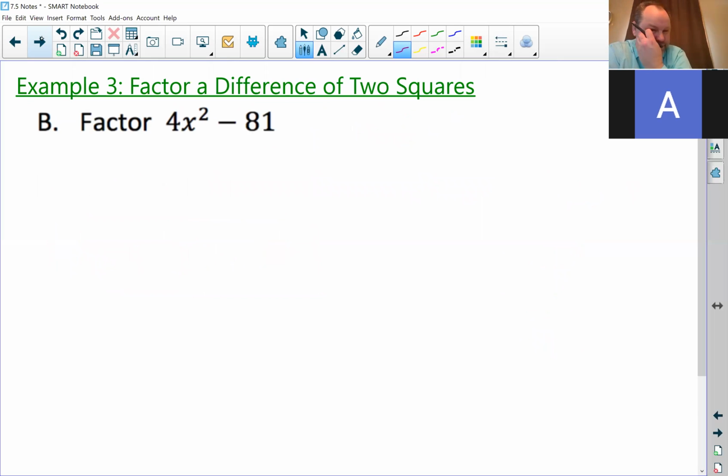All right, now this is even more difficult, and we really can't use the x method if we have a number in front of the x squared. So here we would have to recognize there are only two terms, so we're just going to get a difference of squares. Another way to approach this is, what number times itself gives me 4?